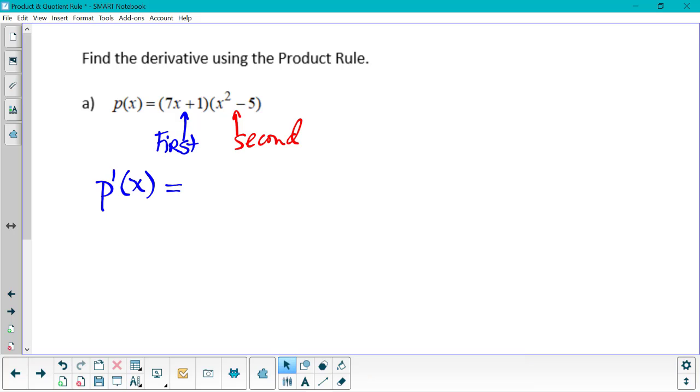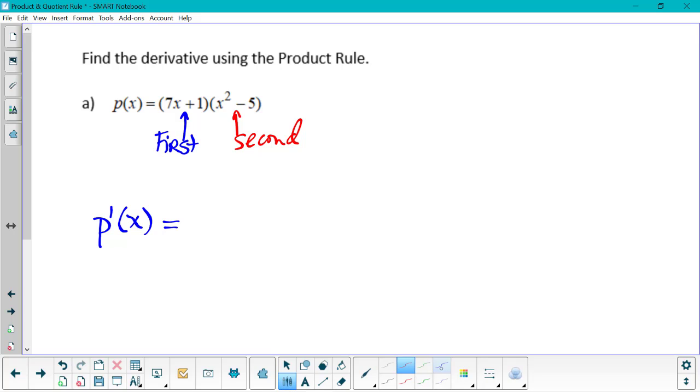All right. So what I'm going to do is I'm going to write it out to remind myself as I go. And sometimes because of time, I might call it F and S, just because. All right, so what does it say? My derivative is to find the derivative of the product.